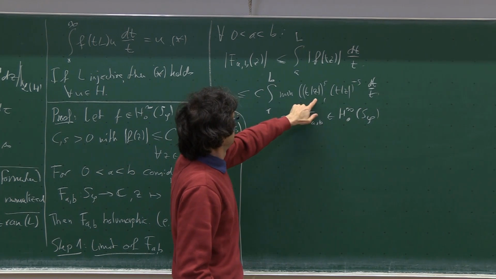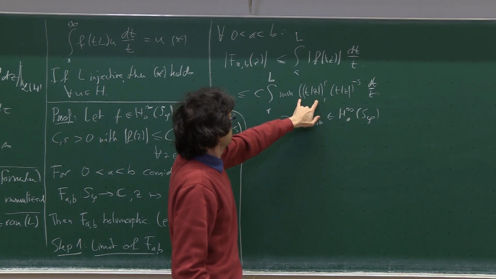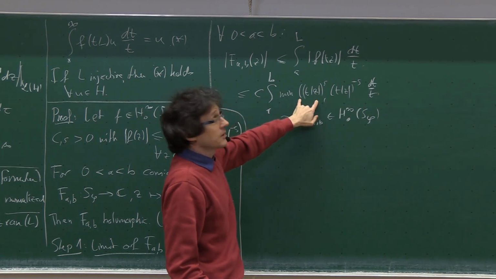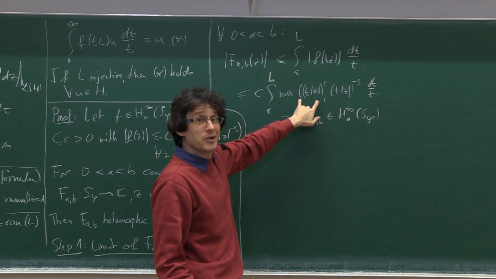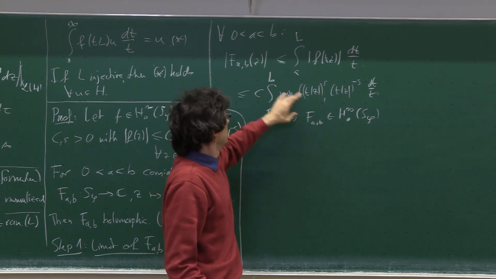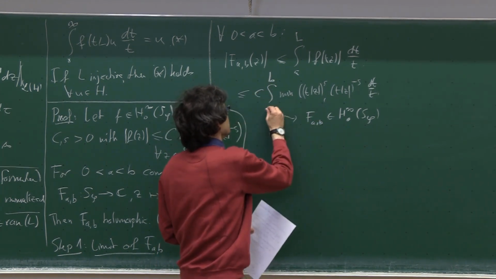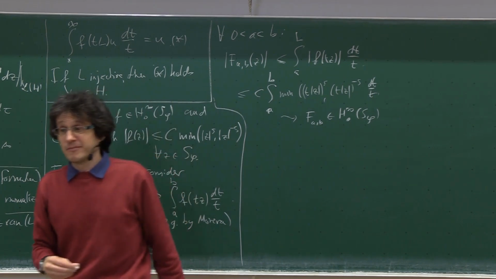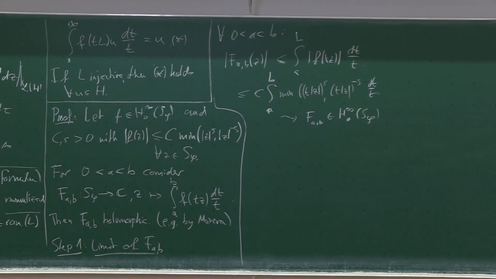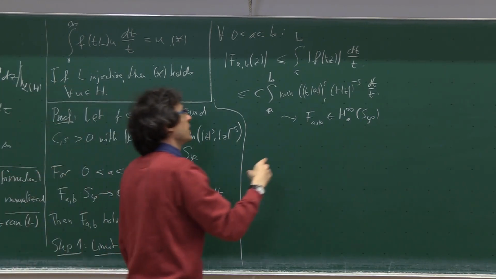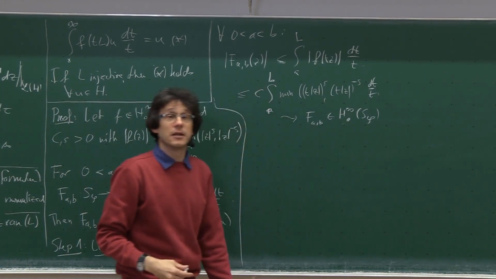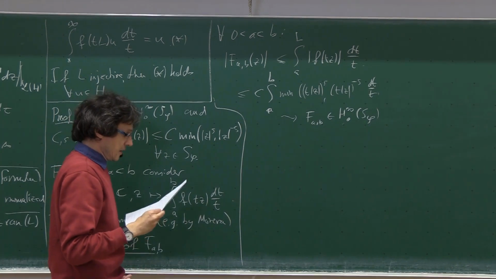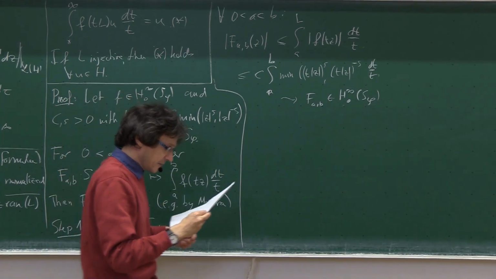Then this minimum will tend to 0, polynomially bounded. This is on a bounded interval, so finding an L1 majorant to make the limit go under the integral is not the problem. So this will give you a polynomial decay at 0 and a polynomial decay at infinity.